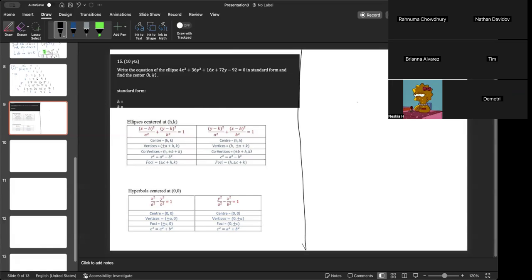So write the equation of the ellipse in standard form and find the center. Okay, sure. So I need the right-hand side to be equal to 1, and I want to write this in standard form. So first step is I'm going to put all of the x's with the x's and the y's with the y's. And I'm going to leave a bit of space.